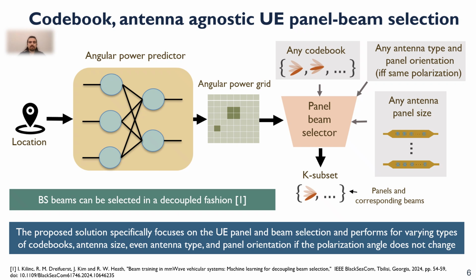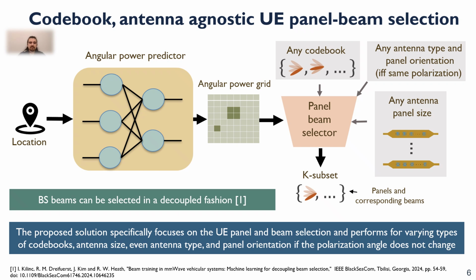Our method is two-stage. In the first stage, given the location information, the model predicts an angular power grid, which we claim to be antenna heterogeneity agnostic. The second stage takes the angular power grid as an input, along with the codebook for the antennas, and the antenna type, panel, and panel size, where these parameters are fed as analytical input.